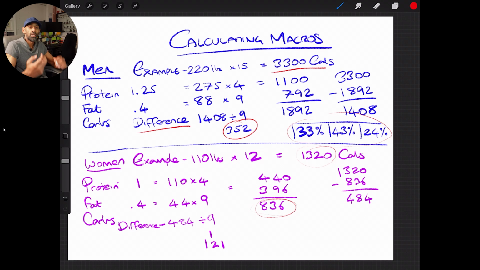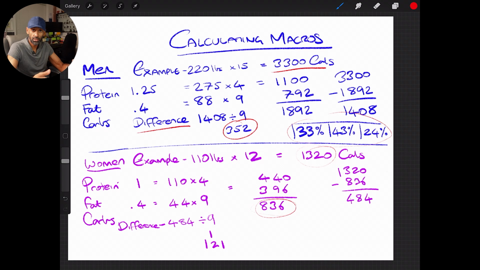Now you've worked your macros out, you know what it is. So what do you do now? Like in the previous videos where we talked about calories and weekly tracking, all you're doing is tracking your weekly weight. You can use this as a starting point. It's not that accurate, but it will get you started.